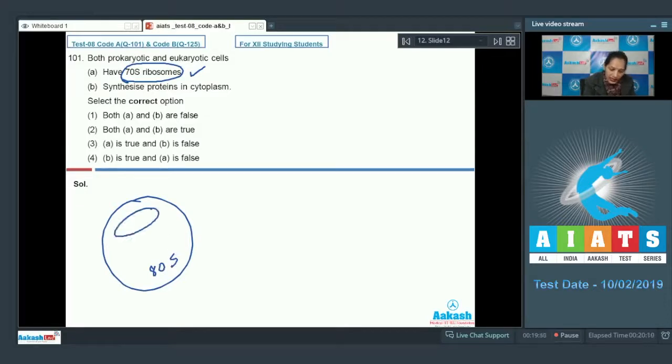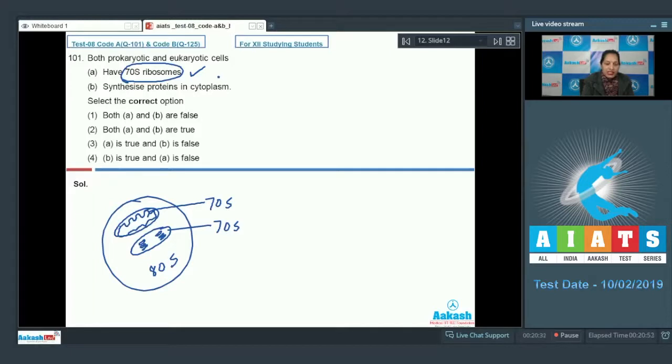But in case of mitochondria and chloroplast of eukaryotic cells, the ribosomes are 70S type. So this is correct. And in case of prokaryotes, the cytoplasmic ribosomes are 70S and they lack mitochondria and chloroplast. So there are no ribosomes in the cell organelles as they lack these cell organelles.